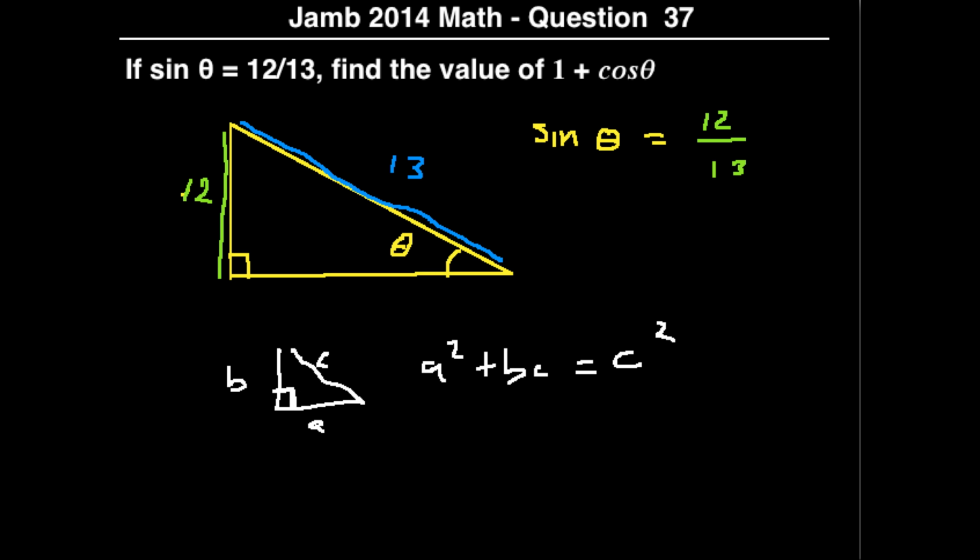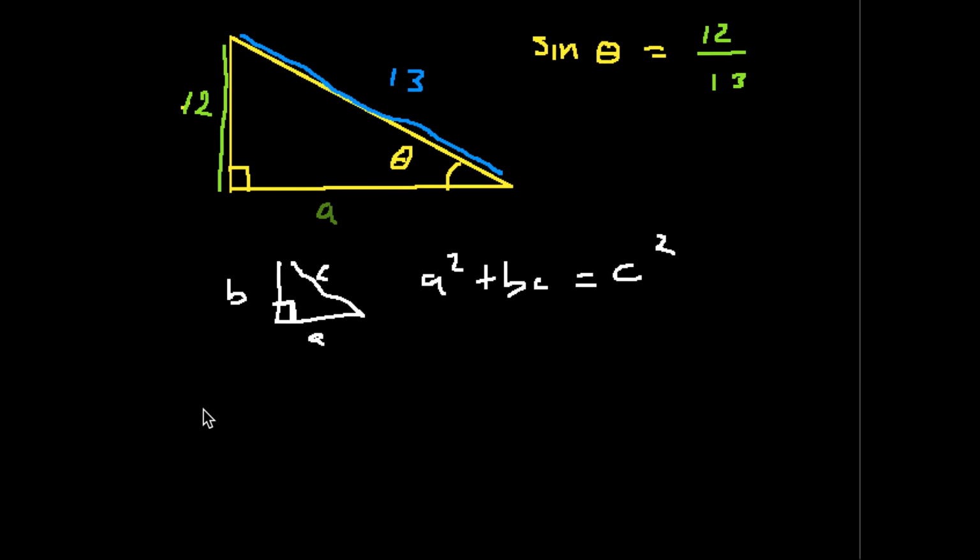Well, we do have a triangle with a right angle, so let's call the side we don't know A.